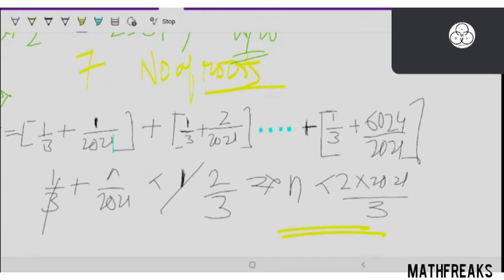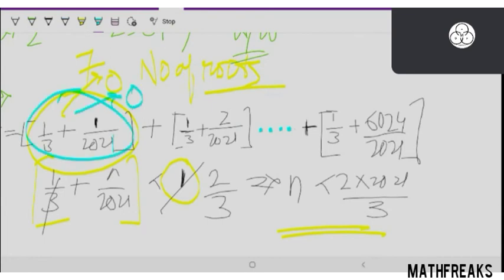Up to n, when this expression is less than 1, the value of this will be 0. The value of this will also be 0 up to 1.